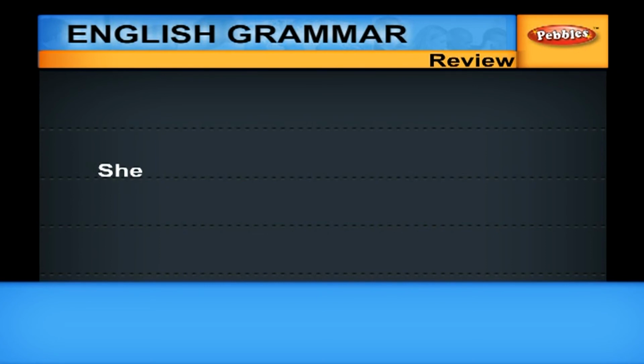So, we need to use has as the have form of helping verb. And the other helping verb will be past participle of be form, which is been. And the main verb suffer will be in present participle form, which is suffering. So the correct sentence is, she has been suffering from migraine since morning.